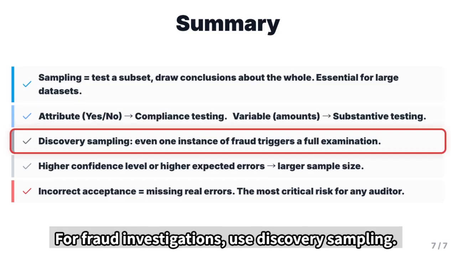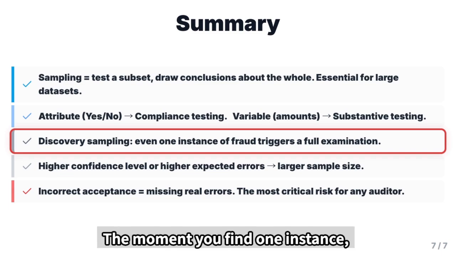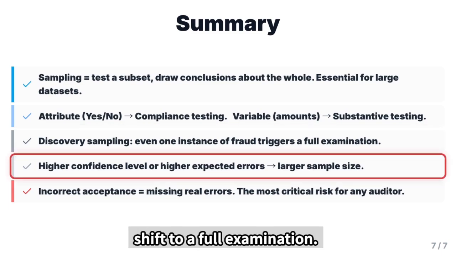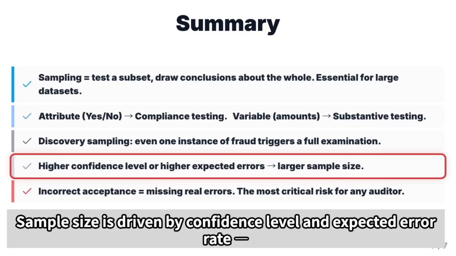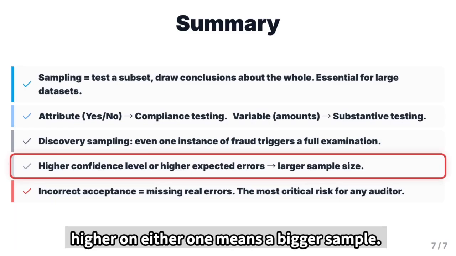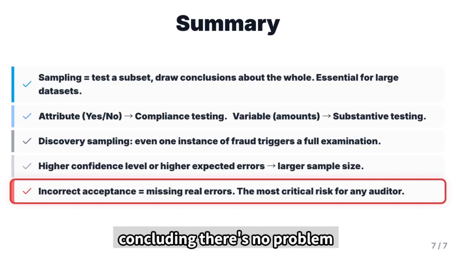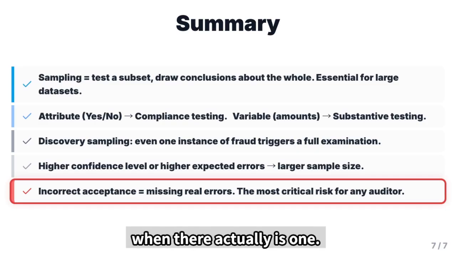For fraud investigations, use discovery sampling. The moment you find one instance, shift to a full examination. Sample size is driven by confidence level and expected error rate. Higher on either one means a bigger sample, and the risk to avoid at all costs: incorrect acceptance, concluding there's no problem when there actually is one.